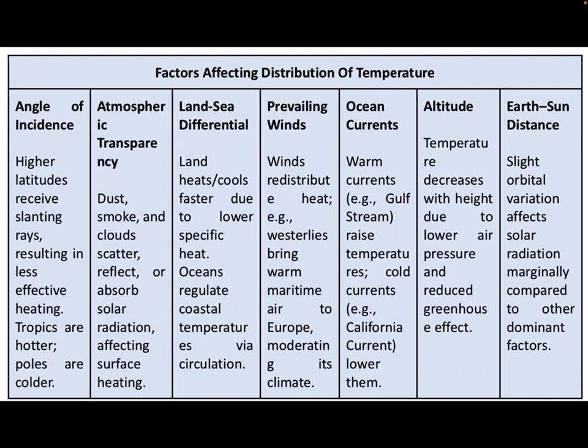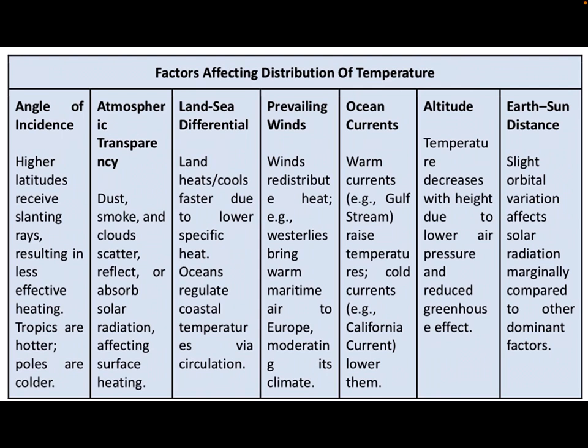And also there is the earth and sun distance, that is perigee and apogee. I remember it like this: perigee means nearer, close, and apogee means far, at a far distance. So at perigee, when the sun and earth are nearer to each other, there is higher insolation and it will result in higher temperature.